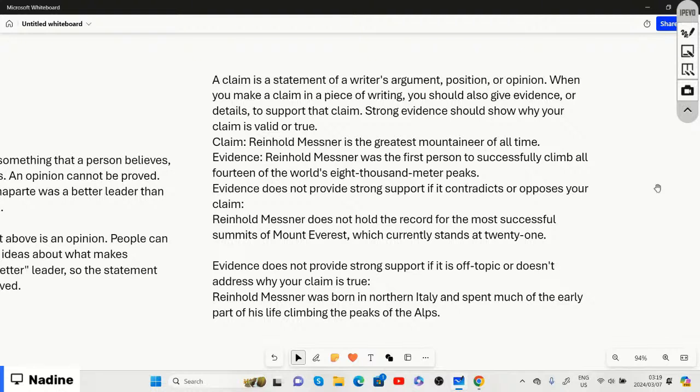So we can say that this is evidence, but the evidence is not strong enough, because there's no concrete evidence that shows that he is a world record holder or anything. It just says that he climbed 14 mountains, let's say, all over the world.